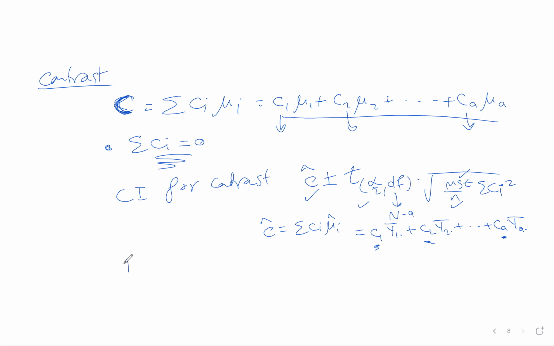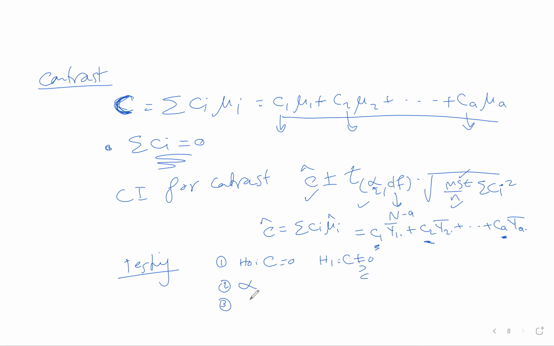If you'd like to do testing, for testing, the first step, H0, the contrast is 0. H1, the contrast is not 0 or greater than 0 or less than 0 based on what you are interested in. The second step is alpha, which should be given.